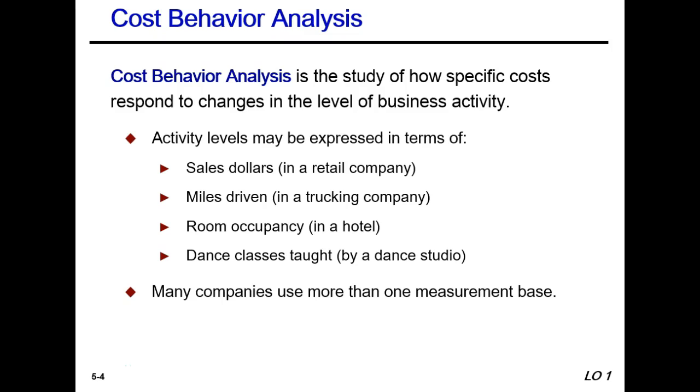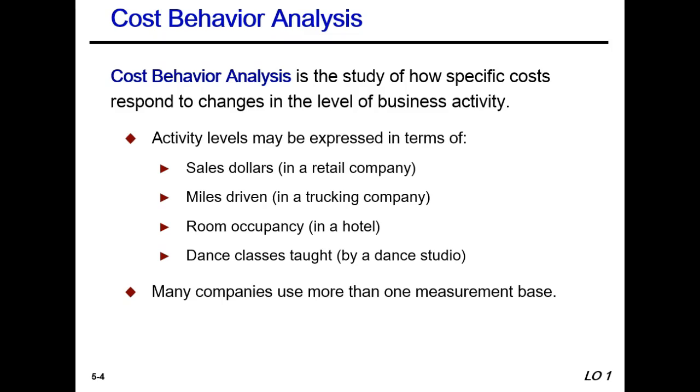Activity levels can be expressed in various concepts. One is in sales dollars, which would be a retail company, how much was sold. In a trucking company, how many miles were driven for the year.